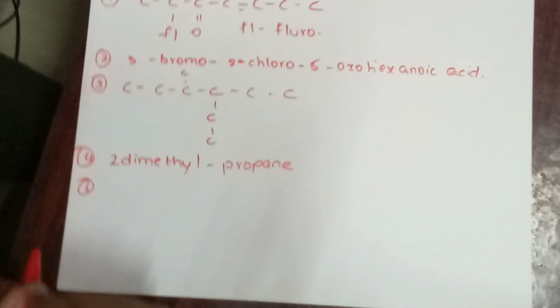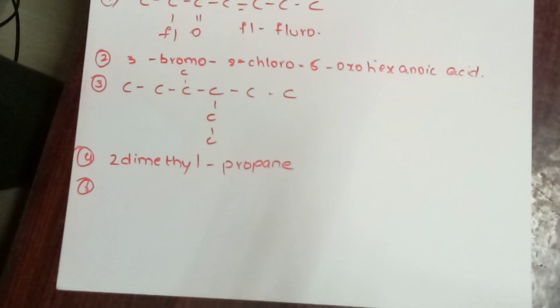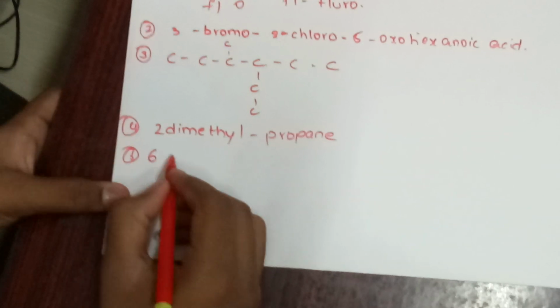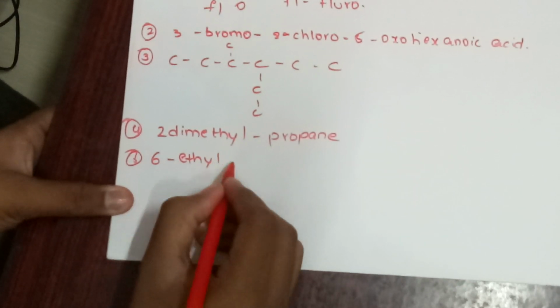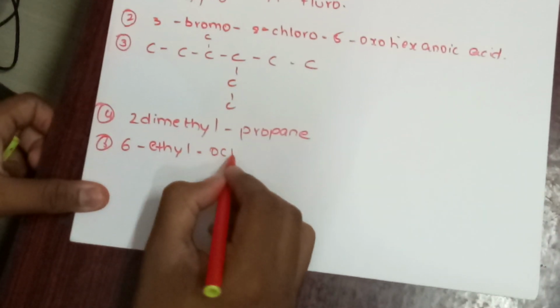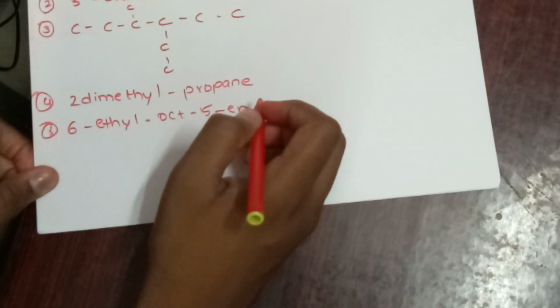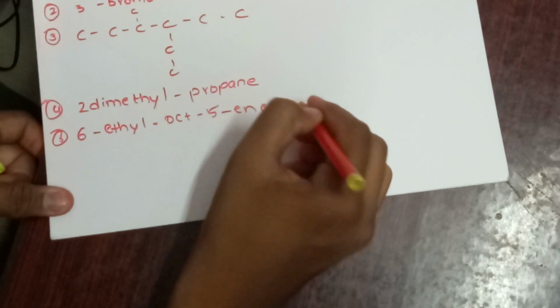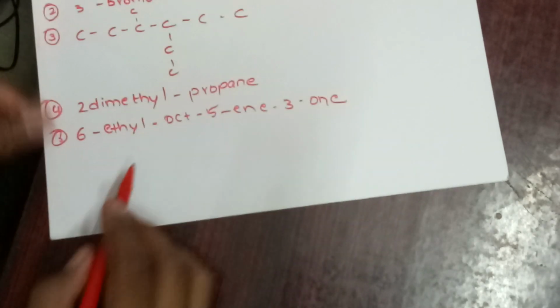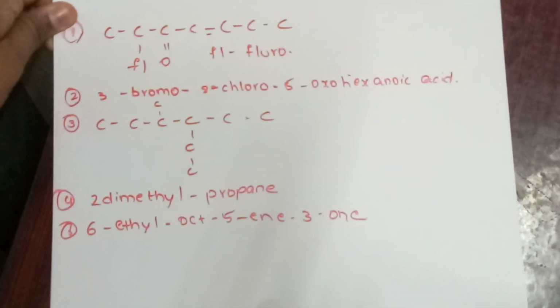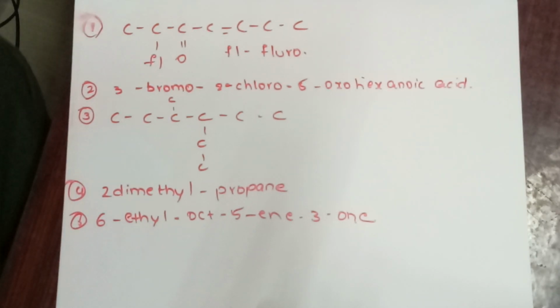The last one I am going to give you is to draw the structure of 6-ethyloct-5-yn-3-one. These are the sums that I give you for practice, and these will be solved in the next video.